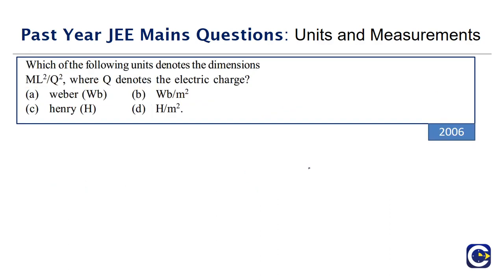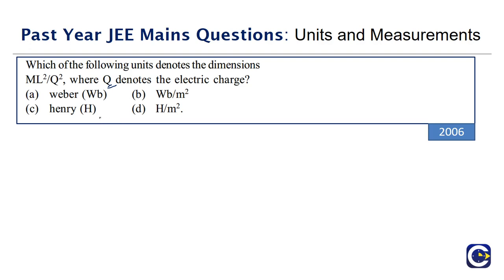This is a question that has come in 2006. Which of the following units denote the dimensions of ML^2 divided by q^2, where q denotes the electric charge? Now we have the options given as Weber, which is the SI unit of magnetic flux, and Weber per meter square, which is an SI unit for the magnetic field.